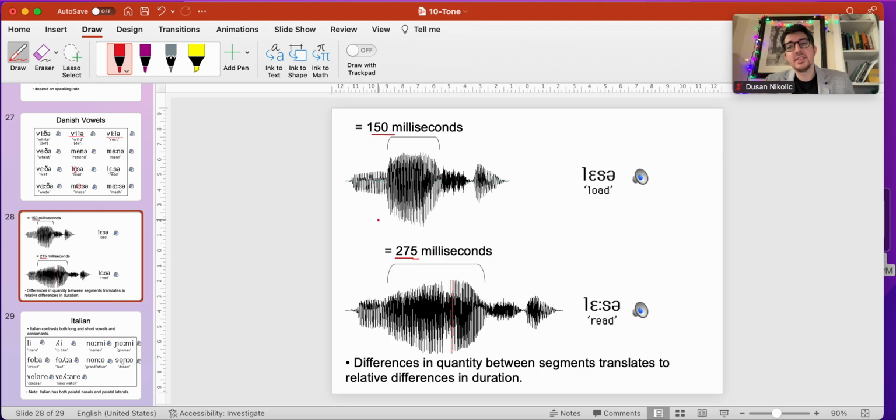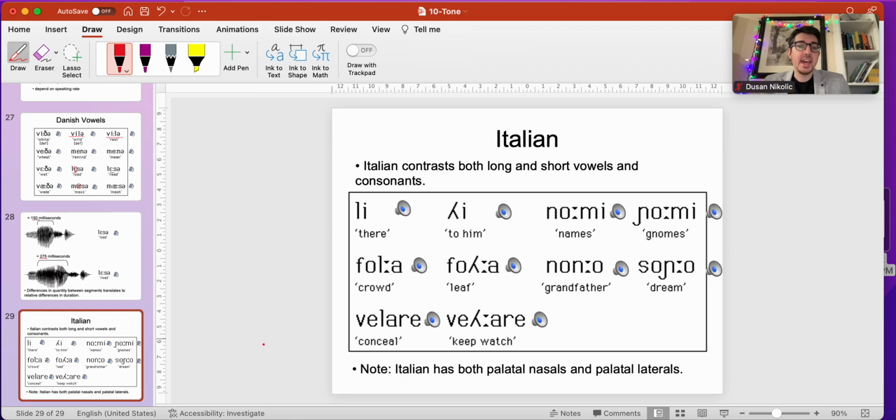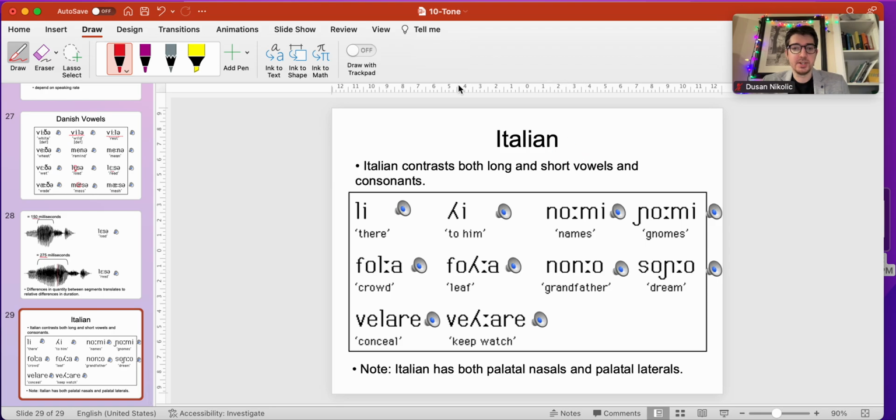It's just that this is consistently happening throughout all of these examples with the majority of speakers, and the majority of speakers are producing a vowel in Danish longer than the other, right? Or this vowel at least, and that's how we know, right? It's all relative again with suprasegmentals.